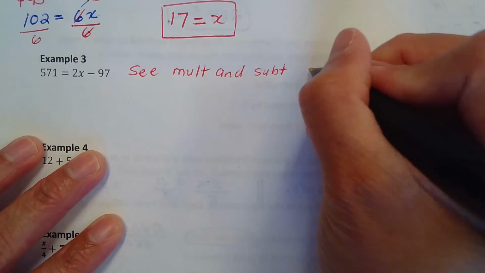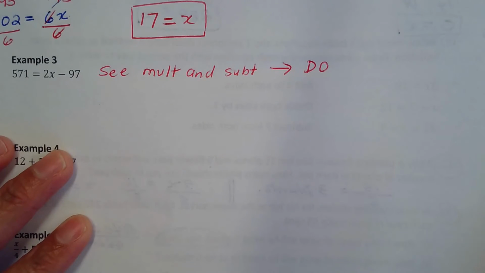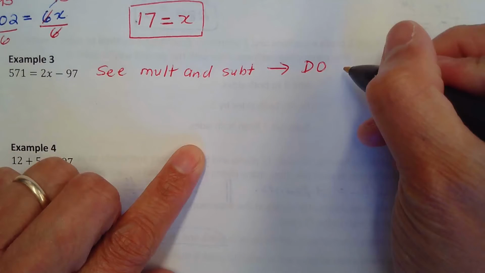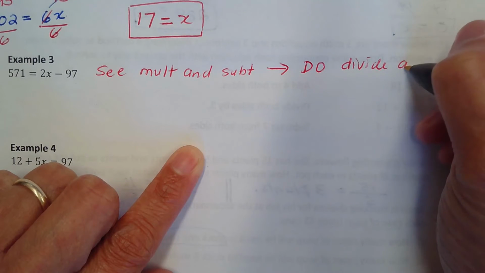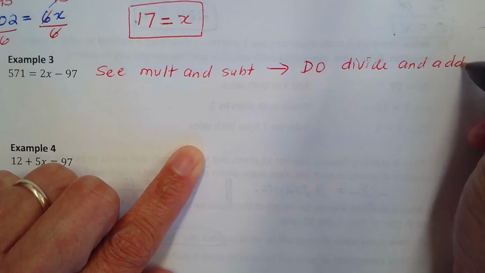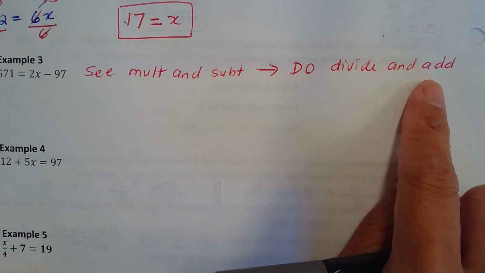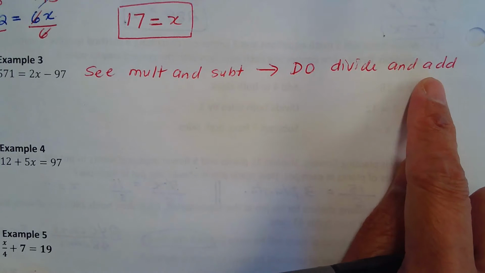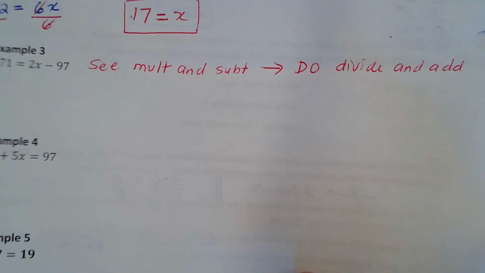Subtract. Okay, and what are you going to do? Divide, and add. Okay, so which one are we going to do first? Divide or add? We're going to add first.